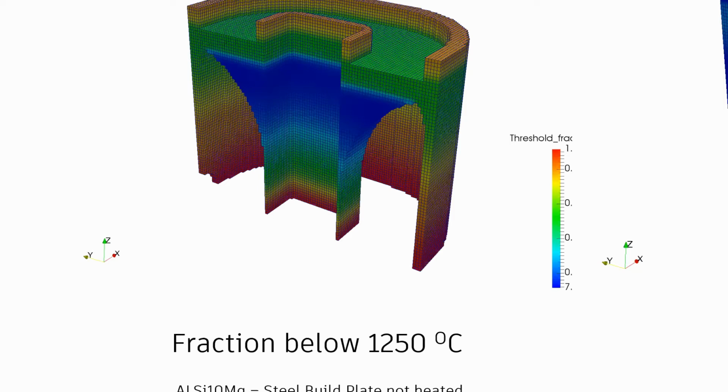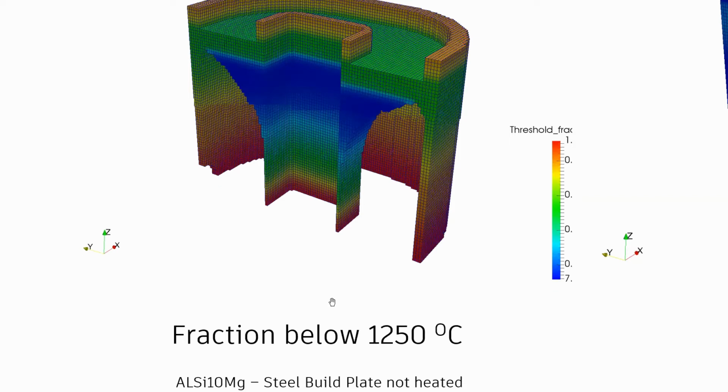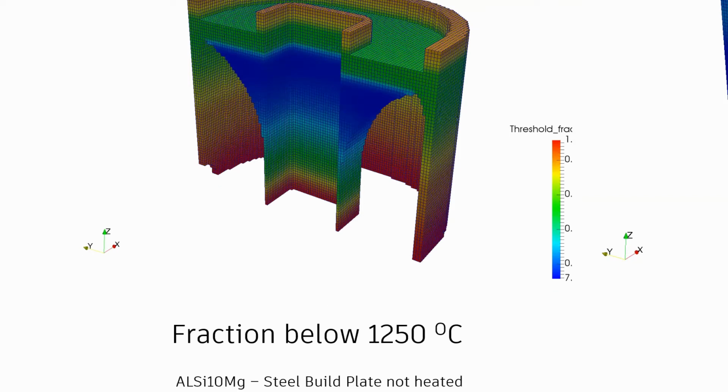Because aluminum is a more conductive material. And if you don't heat it enough, any energy that you supply to it will be first used to heat up the material and the build plate and everything else. And only then would that be used to actually start doing the work of melting it and doing the print. And that is what you see happening over here, because you chose to print it on a build plate that was not heated.